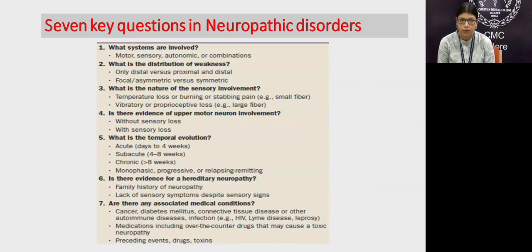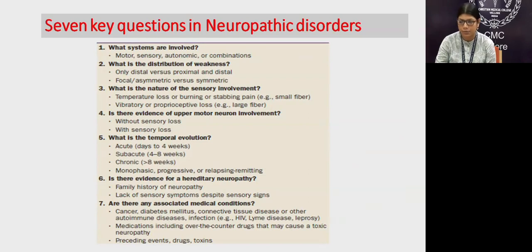Then the second question we need to elicit during the history and the examination is what is the distribution of the weakness, whether the weakness is distal versus proximal and distal, whether it is symmetrical or asymmetrical, or is it focal versus asymmetrical versus symmetrical, and what is the nature of the sensory involvement.